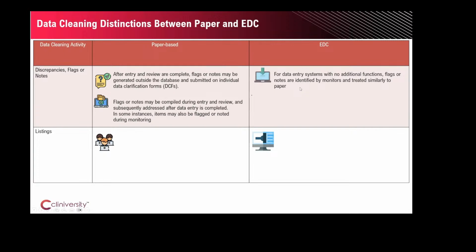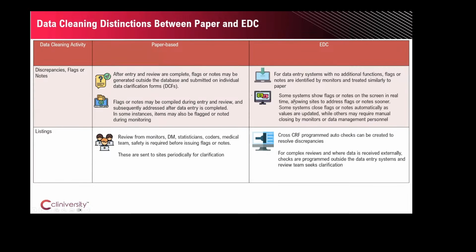For data entry systems, such as remote data capture application, which allows only entry of data, flags or notes are identified by monitors, and they are treated similarly to paper. That is, data clarification forms are issued. For EDC systems, which show data discrepancies on the screen in real time, this allows site to action on these sooner.